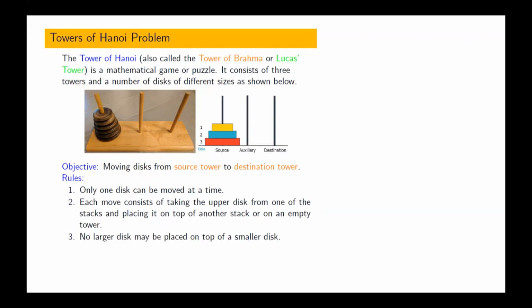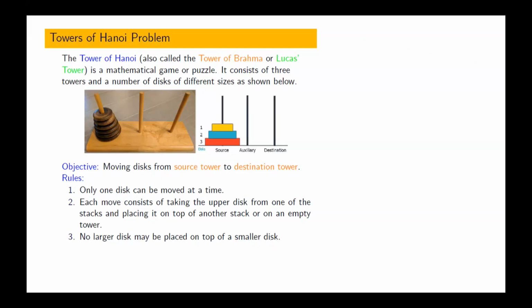So the next problem that we consider is the Towers of Hanoi problem. All of you must know what the Tower of Hanoi problem is. It is also called the Tower of Brahma or Lucas Tower. Why? Because its origin is in India, in Varanasi, Kasi, at the Kashi Vishwanath temple.